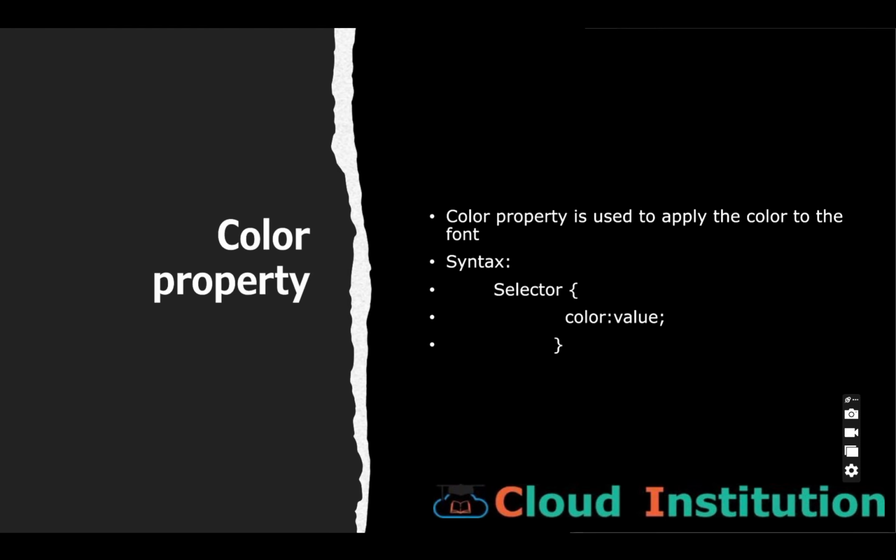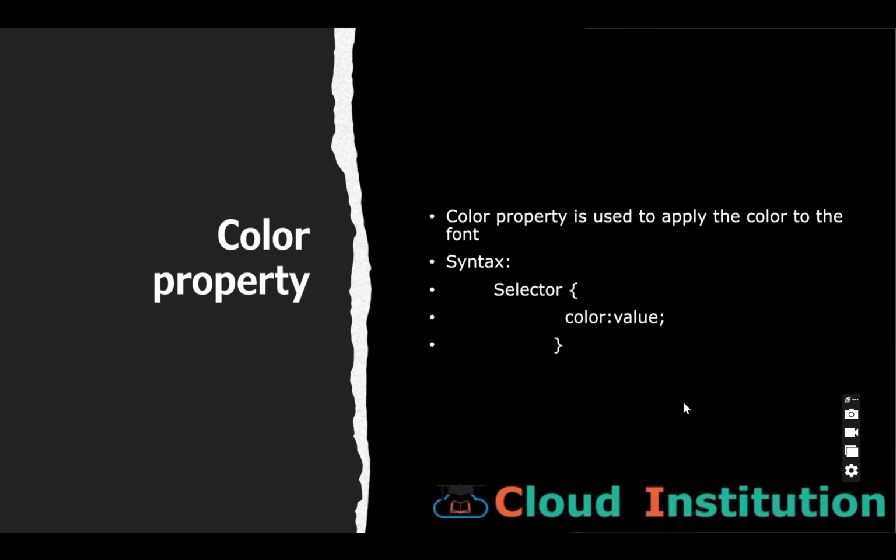For example, I want to apply it for H1, so I can select H1 here, and whatever property I want to apply goes here. That is color. So the property is color and the value will differ, it may be blue, green, these kinds of values, but the property will be the same, that is color itself.